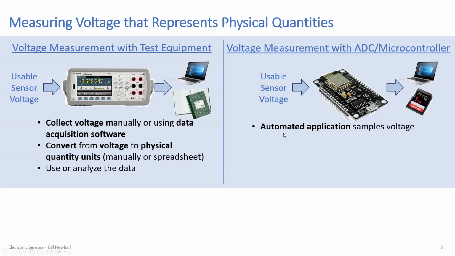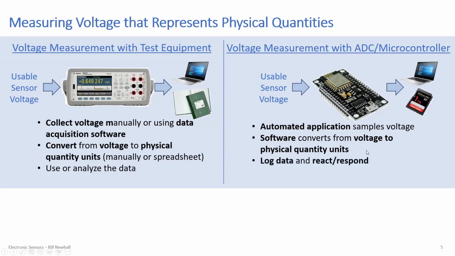So you might have some automated application that periodically or on a trigger samples voltage, and then the software can convert from the voltage to the physical quantity units that are important to you. And then you can log that data to post-process later, or react and respond.